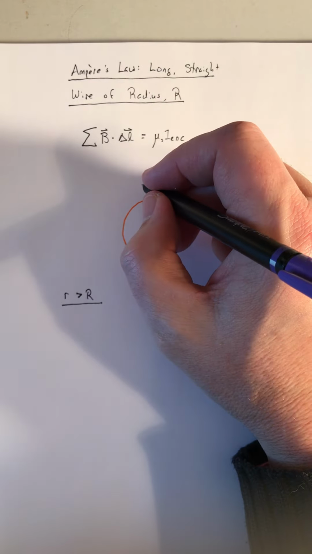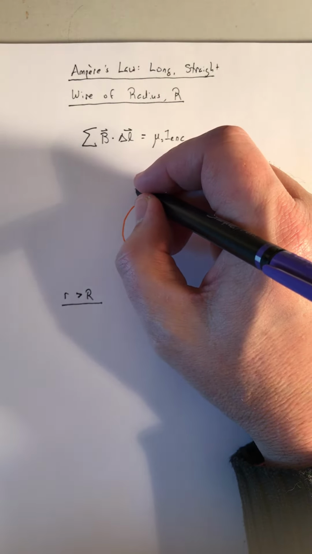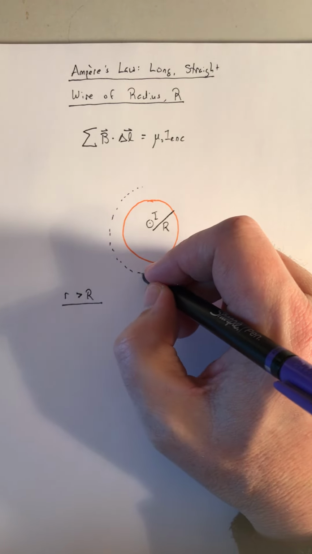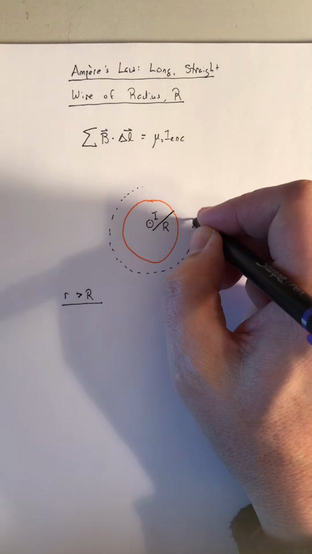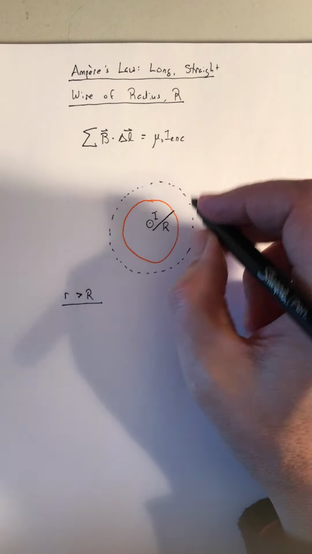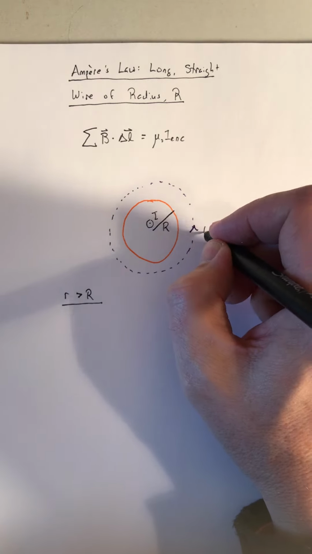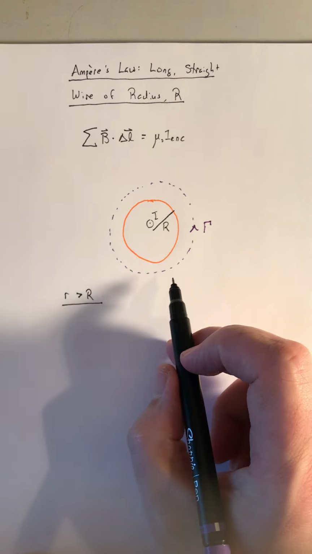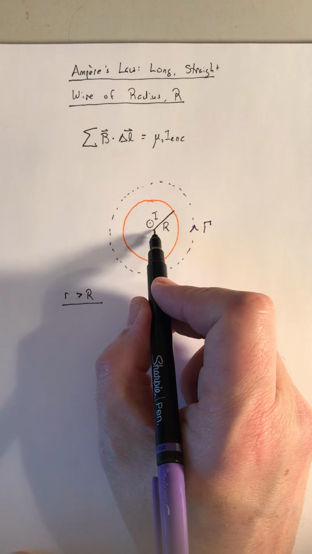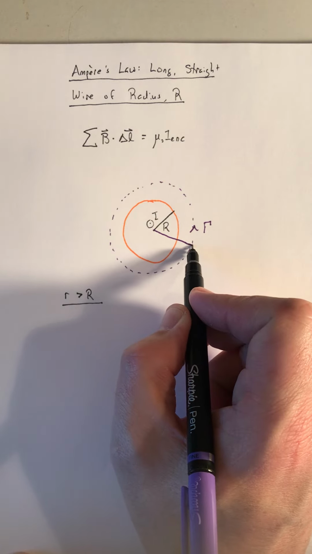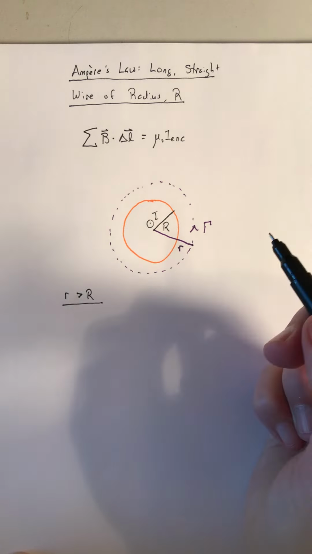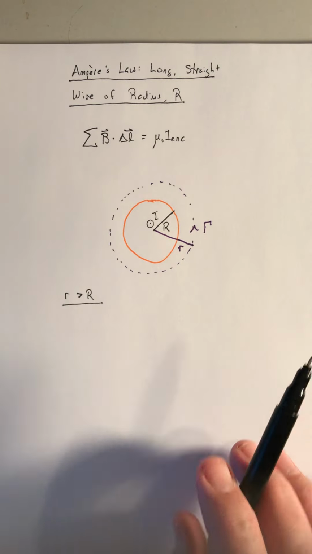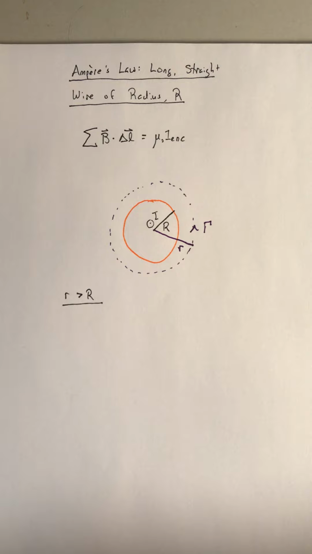so I'm talking about for a loop like this one. So there's my loop gamma that I'm going to apply Ampere's law to, and this loop has some radius little r, unspecified, but it has to be bigger than the radius of the wire.